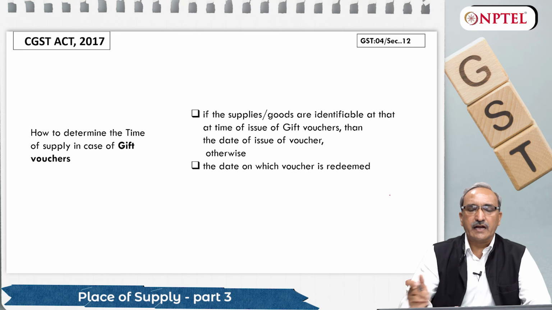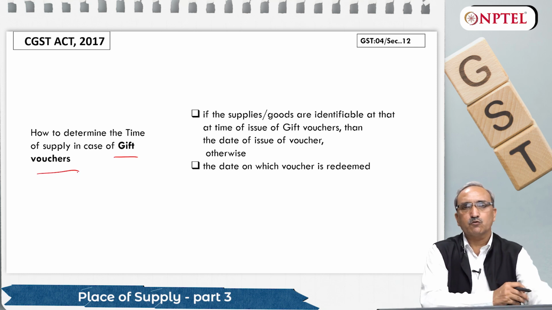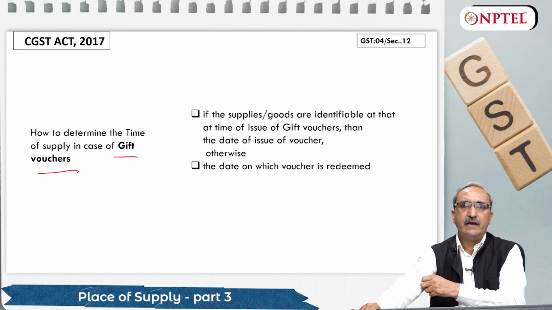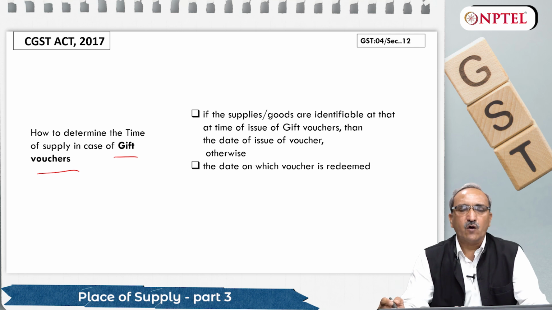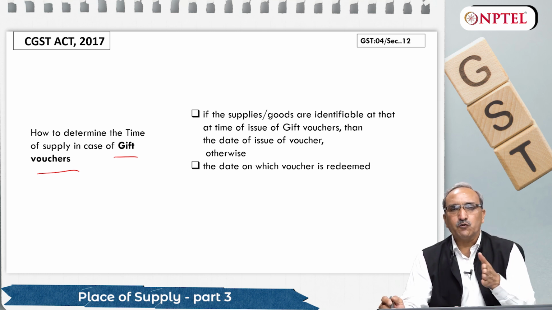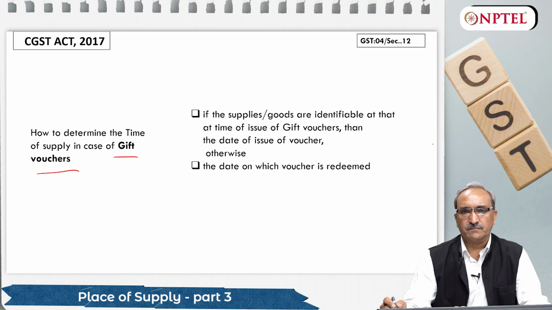Sometimes companies issue gift vouchers to their customers, and these gift vouchers are free to the customer if they buy something over and above a particular limit. But friends, in GST, nothing is free. If a gift voucher is given, it means you have paid something for these vouchers.